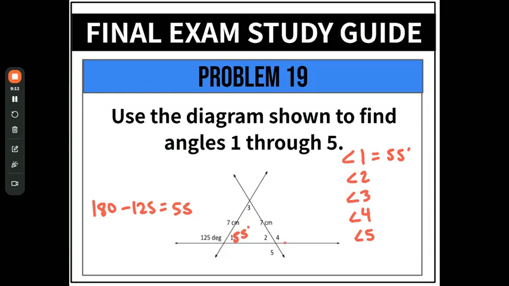Okay, for angles 2 and 4, exact same thing. This line right here we know is completely straight. So if it forms the same straight line as these two angles over here, they must be the same. So angle 4 is going to be the same as this 125 over here, and angle 2 is going to be the same as angle 1, so that's going to be 55 as well.